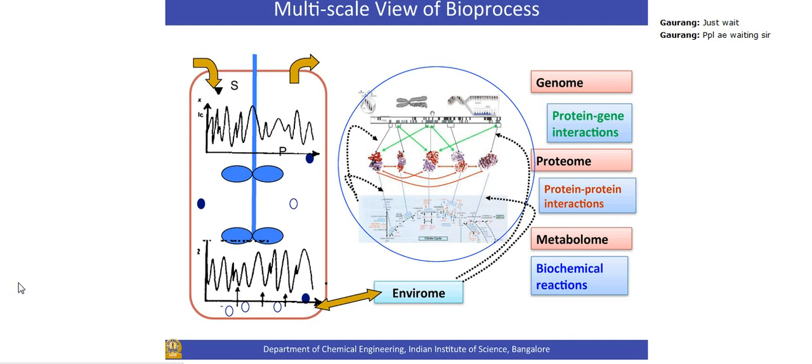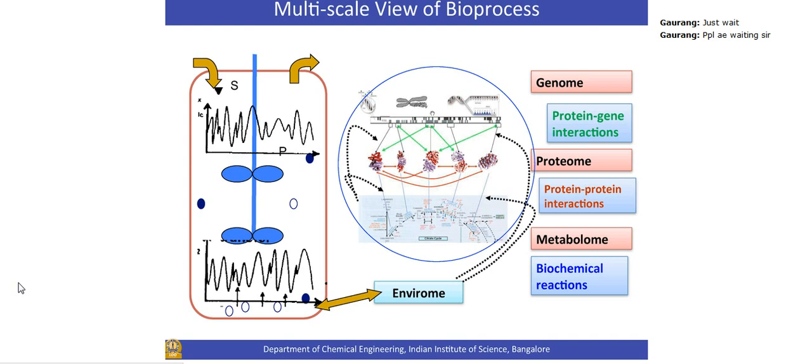Now, if you look at this as a reaction engineering problem, all these genome to proteome to metabolome are a variety of complex reaction networks, and these networks are interregulated. So there is a lot of feedback, for example, from a metabolic step onto the proteomic step and a genomic step, and therefore this becomes a very highly regulated environment.